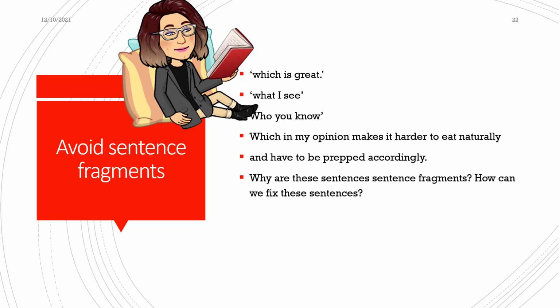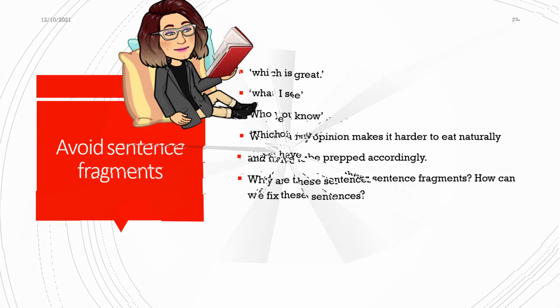So we never start a sentence with a relative clause or a subordinating conjunction, because you just end up with sentence fragments. If you still are having sentence fragments, you need to restudy the sentence structure rules that we went over for the Week 7 quiz.